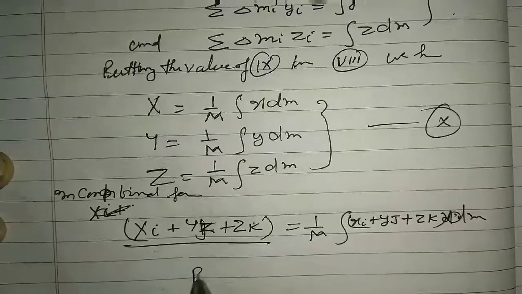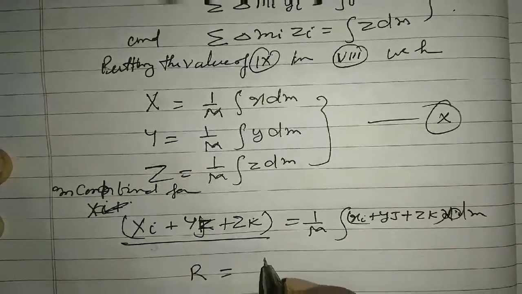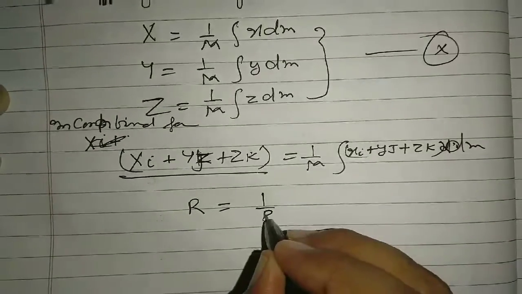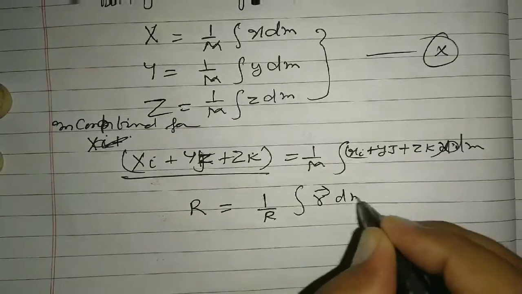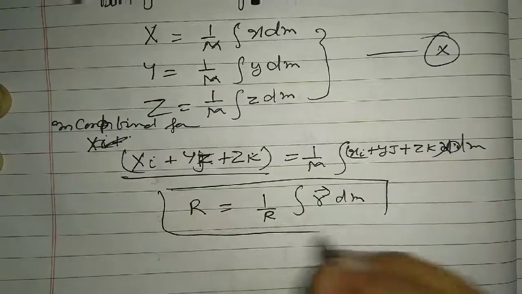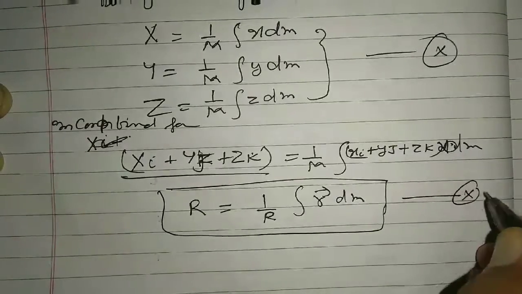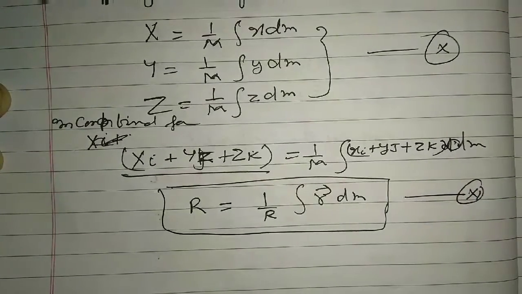Since this is equal to r, the position vector, R is equal to 1 by M integral r dm. This is the formula for center of mass for an n particle system.